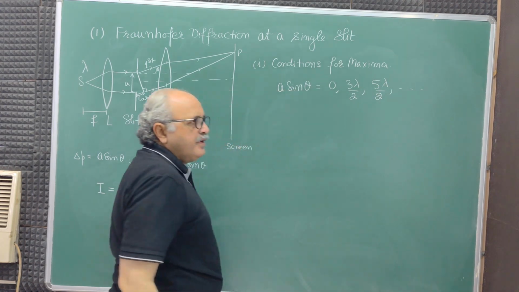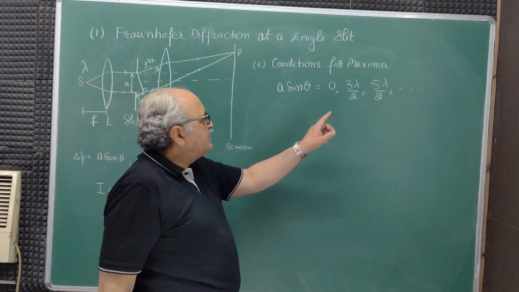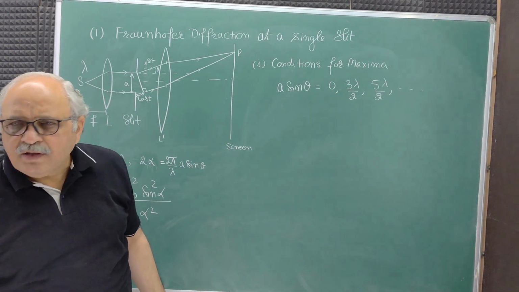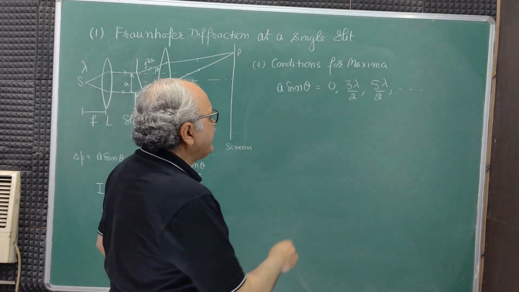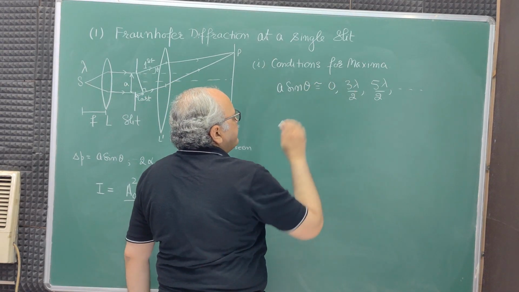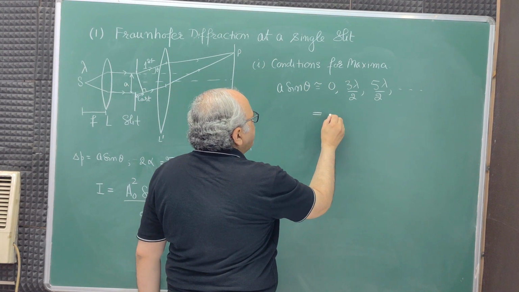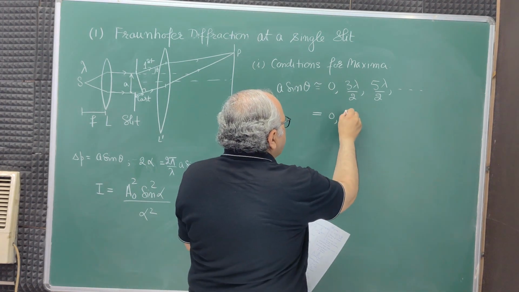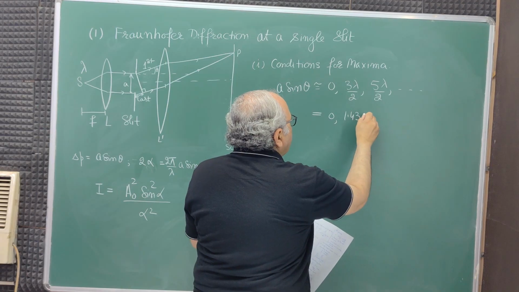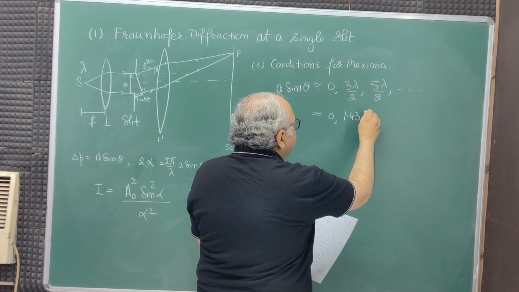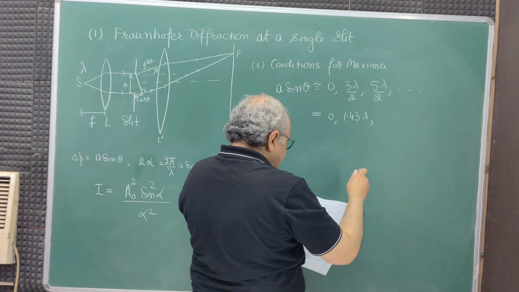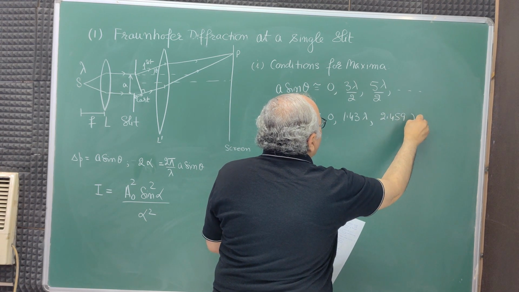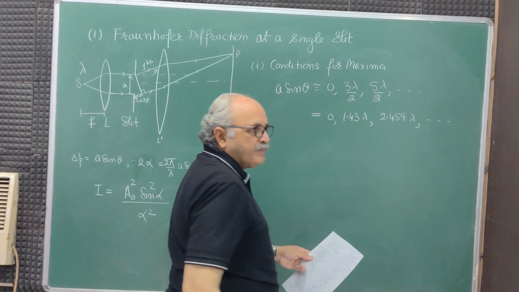In fact, this is not perfectly 3 by 2. There is a small correction which is to be done. This is the approximate value. The corrected value is 0 and is 1.43 of lambda, and this is 2.459 of lambda, and so on.